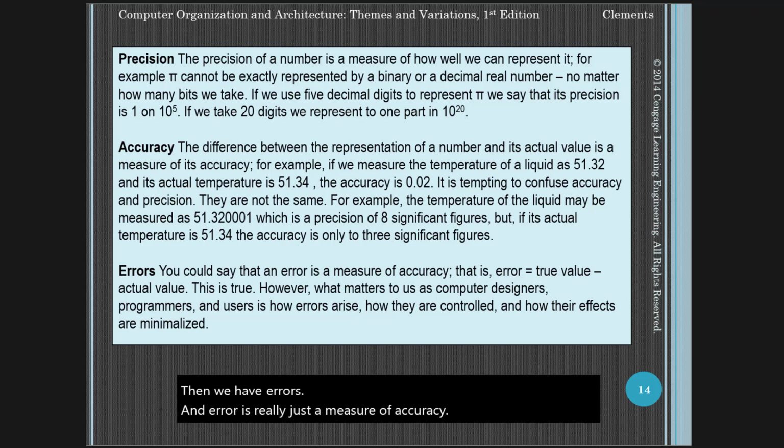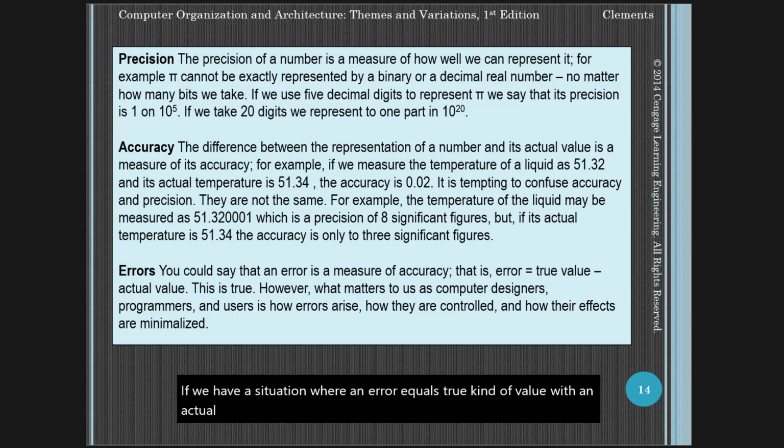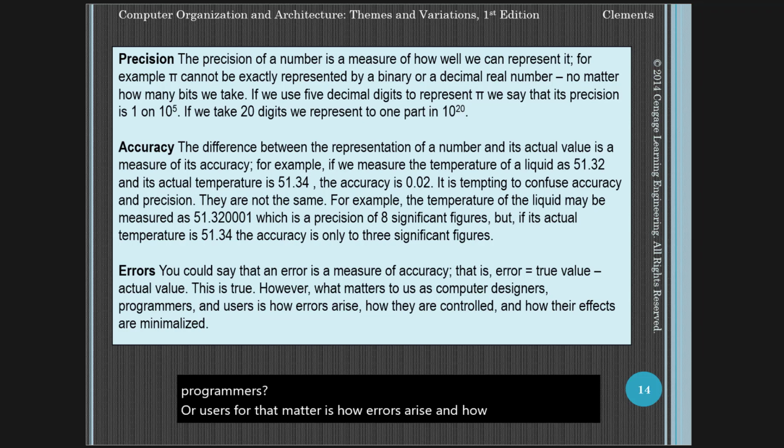So if we have a situation where an error equals the true value compared with an actual value, then what matters to us as computer designers or programmers or users for that matter is how errors arise, how they're controlled, and how their effects are minimized.